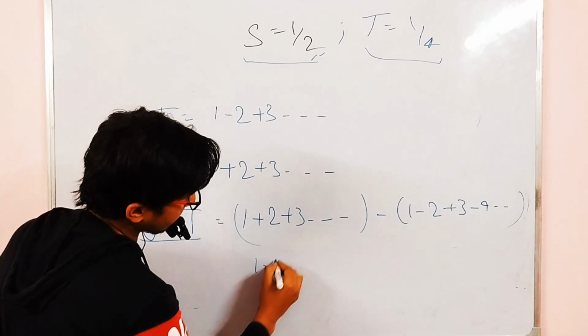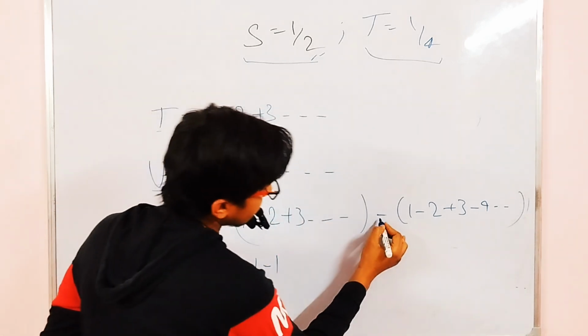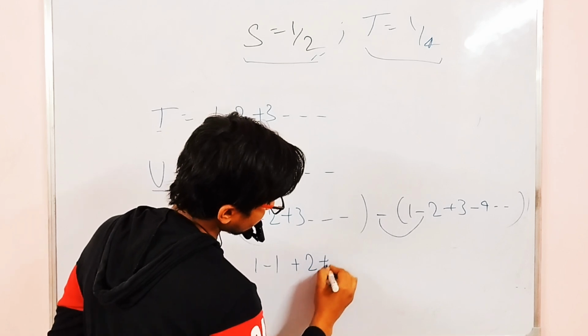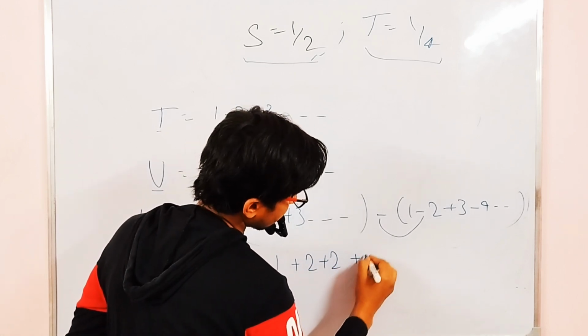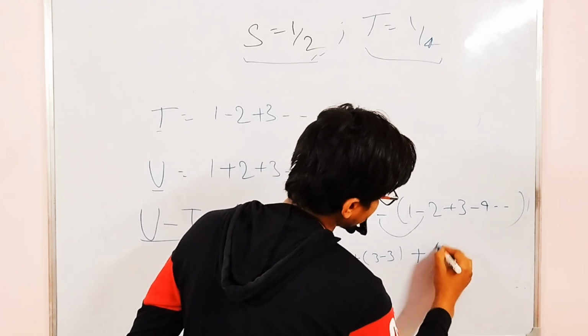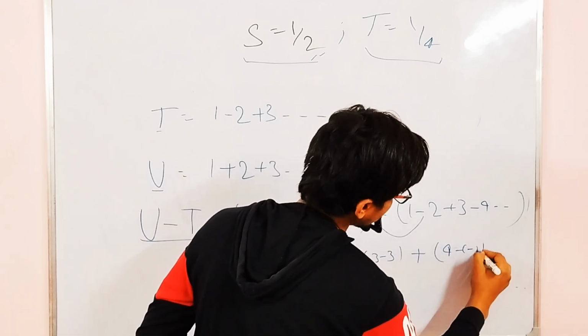Taking the difference, we get 1 minus 1, then the negative becomes positive, so 2 plus 2, plus 3 minus 3 plus 4 minus 4 and so on.